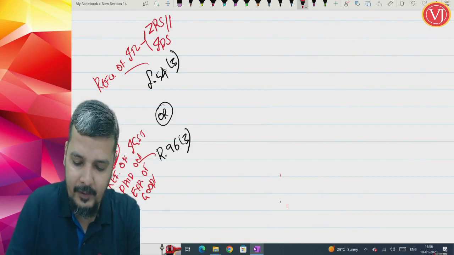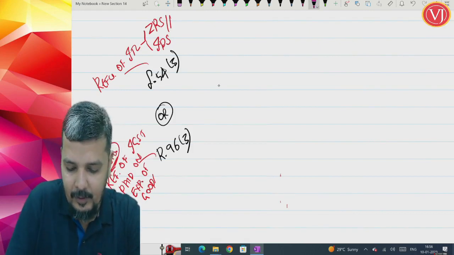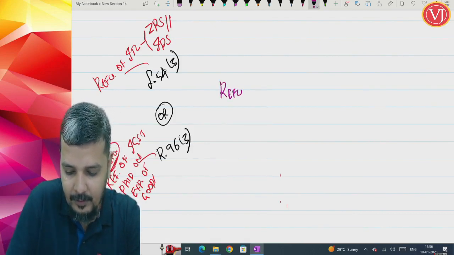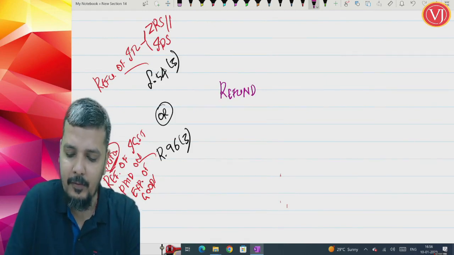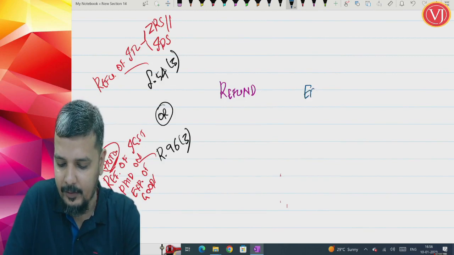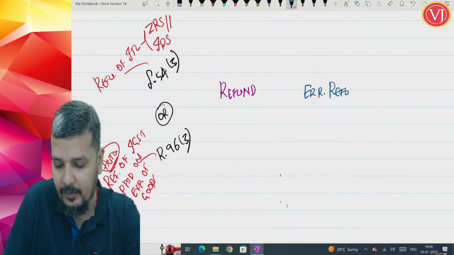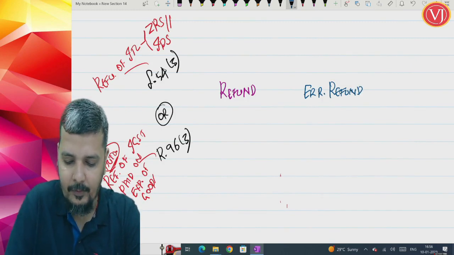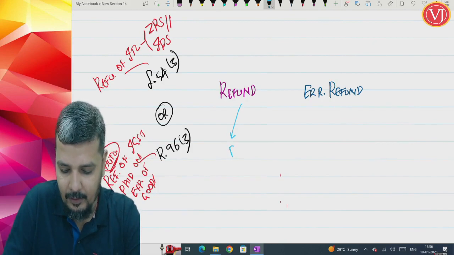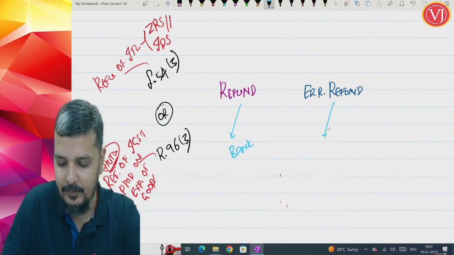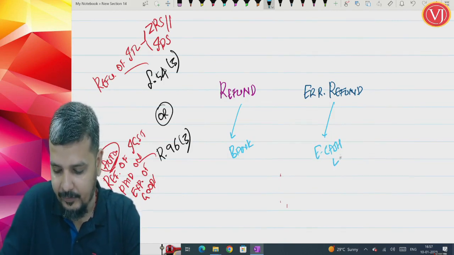So you have got the refund. Step number 1, you have got the refund. First you got the refund in your pocket, in your bank. Step number 2, the moment you found that it is an erroneous refund, you paid it back by way of electronic cash ledger.